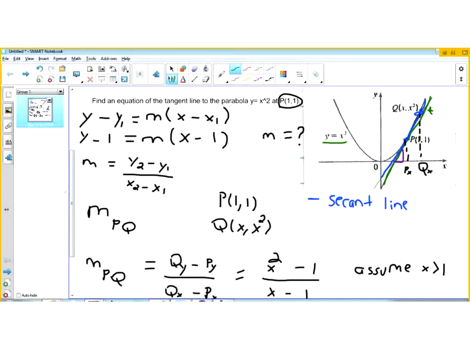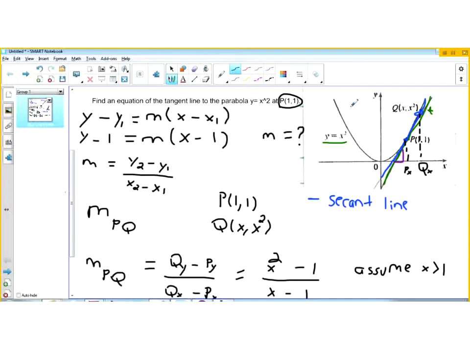Pull up a graph here. Let's see here if I have it. I'll check to see if I have it. Bear with me.